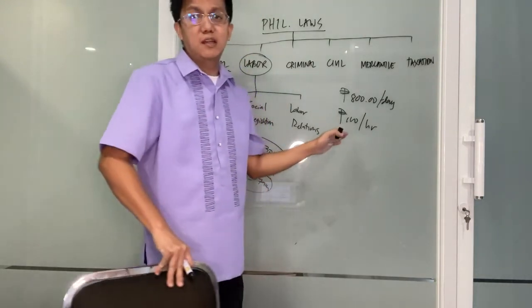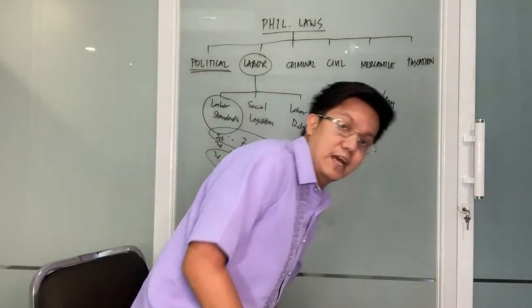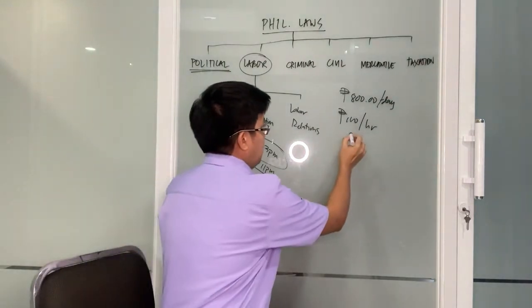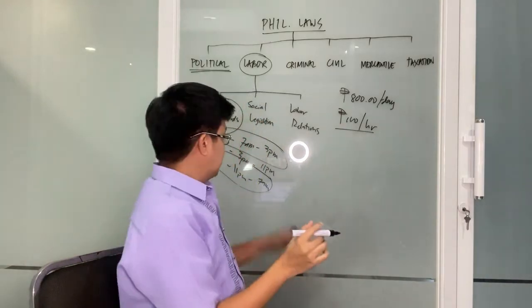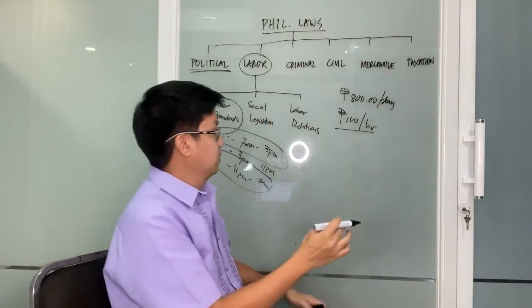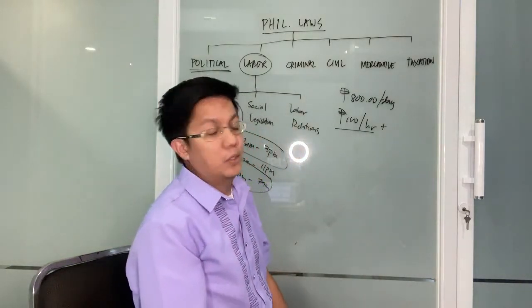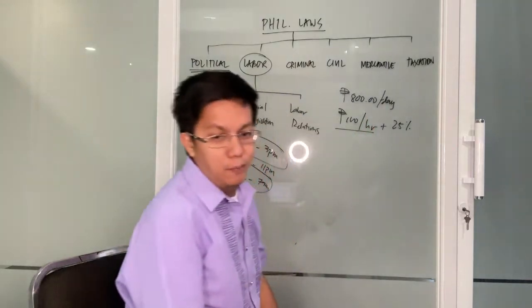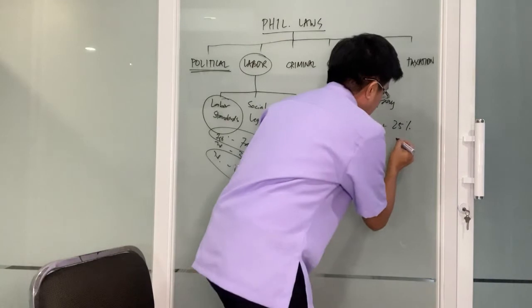Will it be 100 pesos? So meaning to say 900 pesos lang yung makukuha ko? The answer is not. Because apart from the 100 pesos doon sa 11 to 12 mo, dagdagan pa natin siya ng 25%. And that 25% is based on the hourly rate.